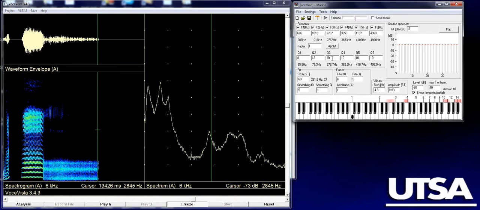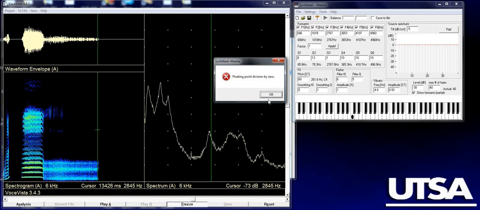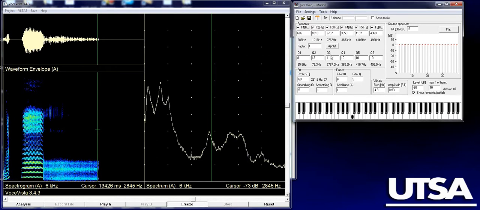So I'm going to have to do some quick math here. I'm going to need this to be about 20. Yep, let's try 21. Okay. Again, we're just taking that central formant frequency, and this Q factor basically divides it.